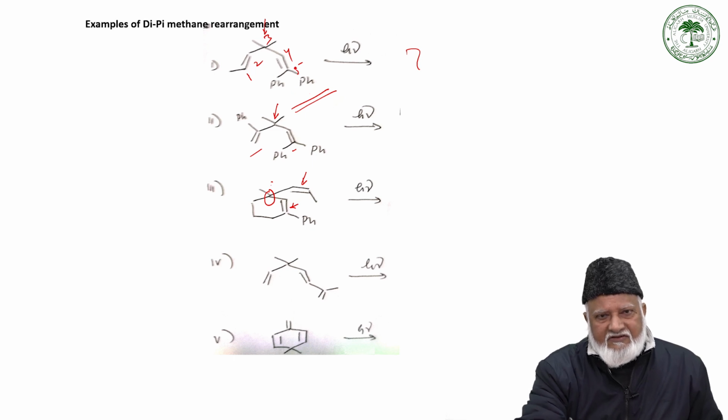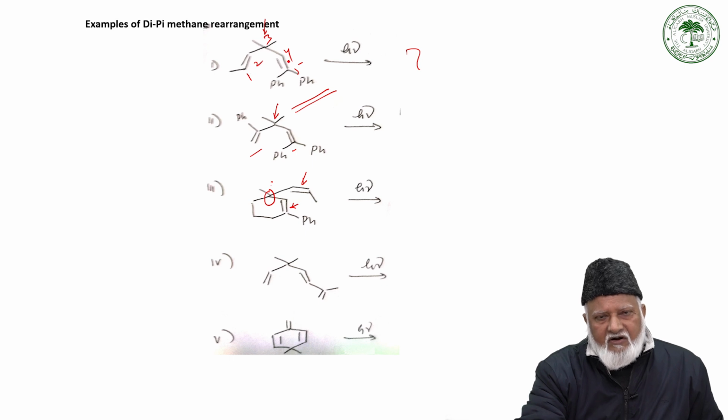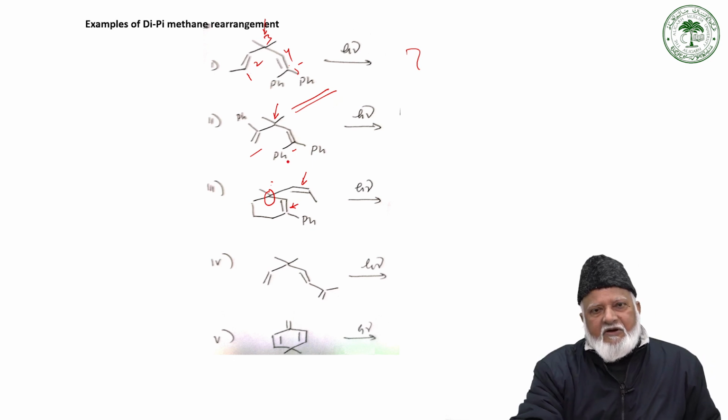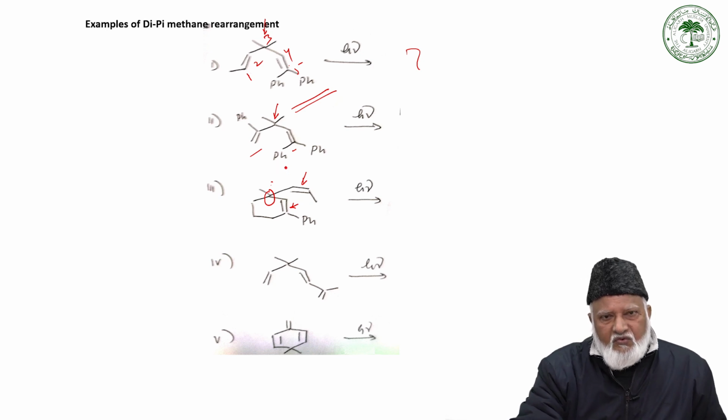You can see that this is a two double bond system, with one double bond and another double bond separated by a methylene group. And we know that whenever you have two double bonds separated by a methylene group, it may undergo di-pi-methane rearrangement to give you a vinyl cyclopropane ring system.